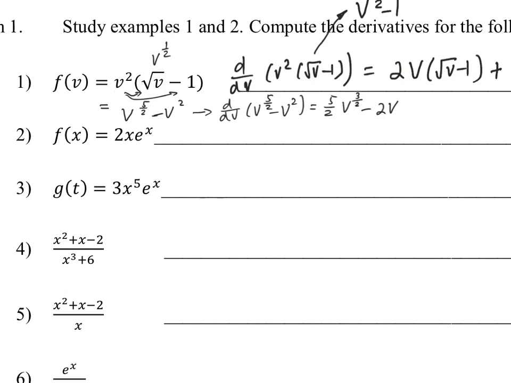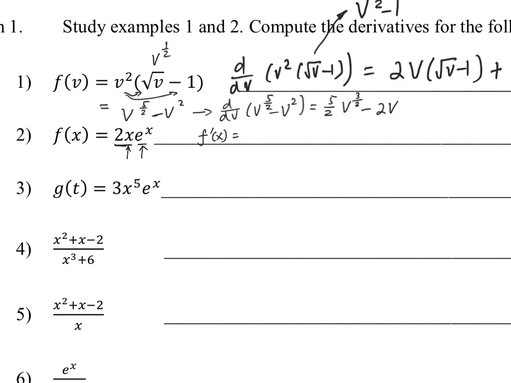The second problem, let's look at the second problem. It's very clear that you have two functions. This is your first one, this is your second one, right? Or you can consider 2x as your first one. So in this case, what is my f prime? It's the derivative of the first one.